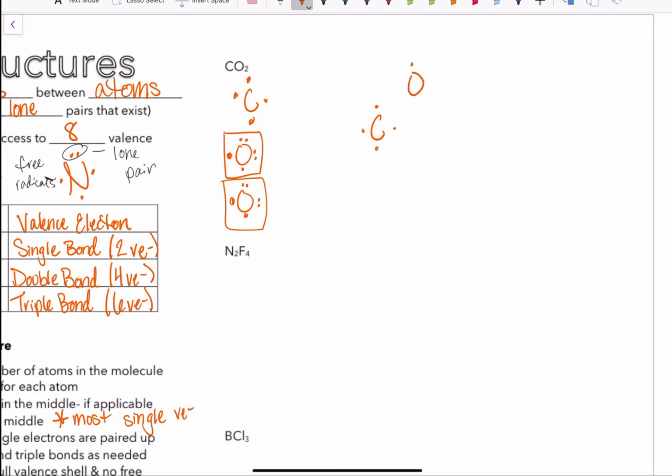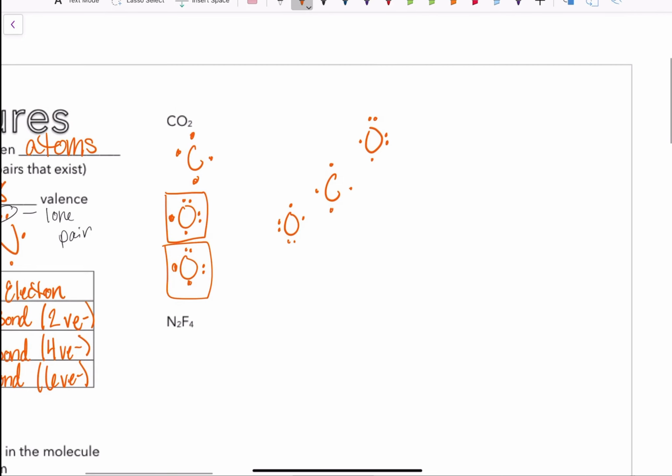So that one oxygen comes above it, and then the other oxygen, we're arranging the dots so that it matches up better, comes over here. So now hopefully it's a little bit easier to see how this matches up. These two form a bond, and these two form a bond, and then these two form a bond, and these two form a bond.